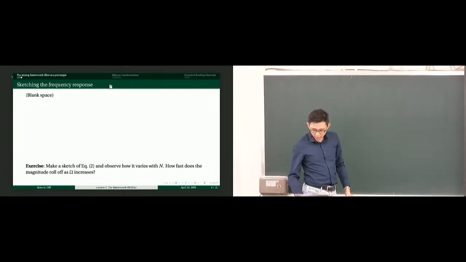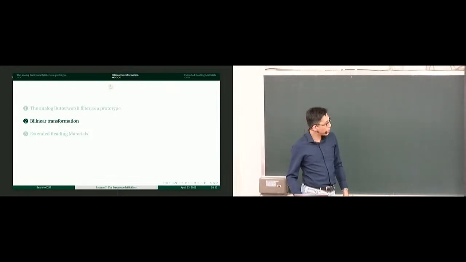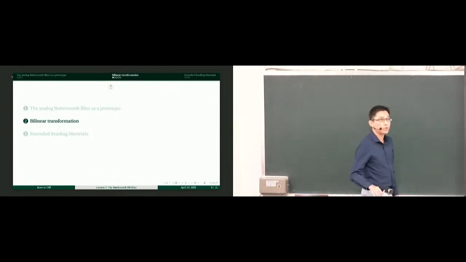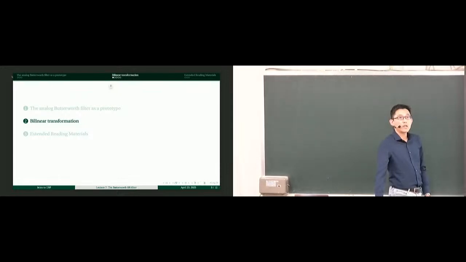Now we've done that sketch, and the question is, how do we make use of this prototype and transform it so that we have a digital filter? How to go from analog to digital? The answer is using the bilinear transformation. Let's take a look.